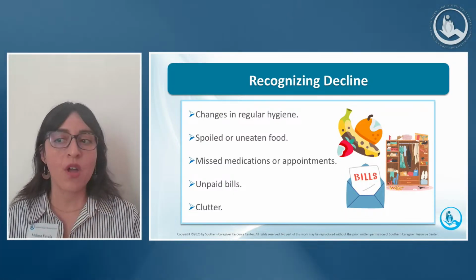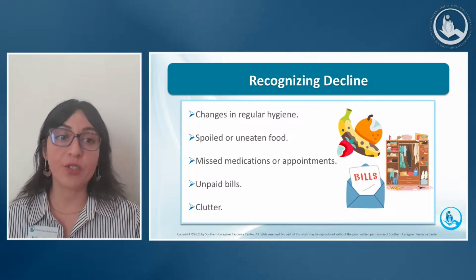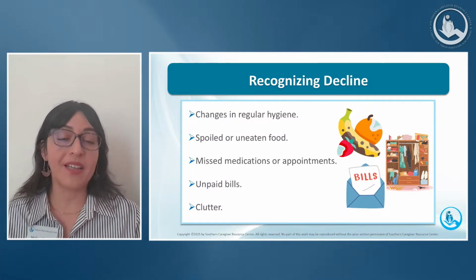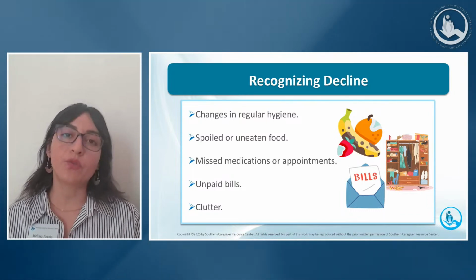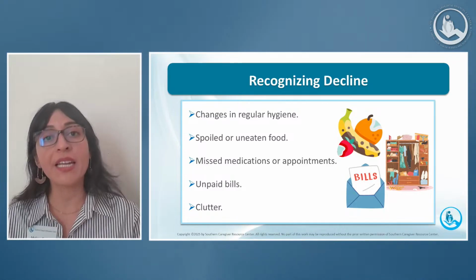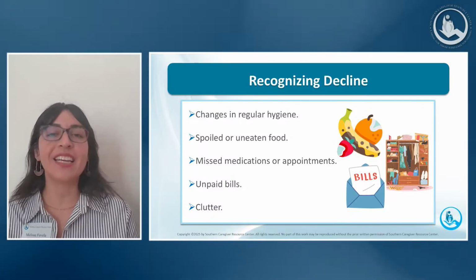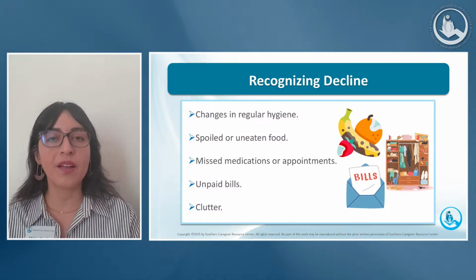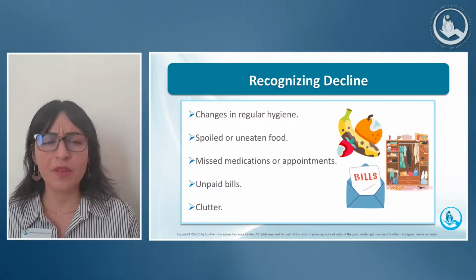Unfortunately, this is also a harder one to recognize or to identify unless we're very present. The baseline is being present beforehand, but really a lot of caregivers don't recognize that the bills aren't getting paid unless they see a letter, right? They start getting letters of bills not being paid. So it's a little harder, but once we're there, we can recognize, hey, why aren't the bills getting paid?